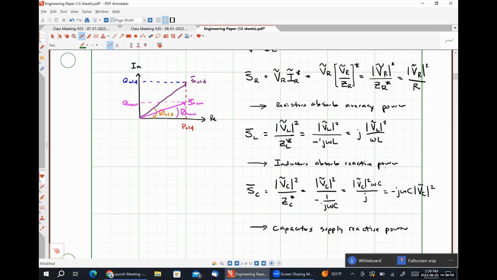But how do we choose what capacitor is necessary to correct the power factor to some specific degree?